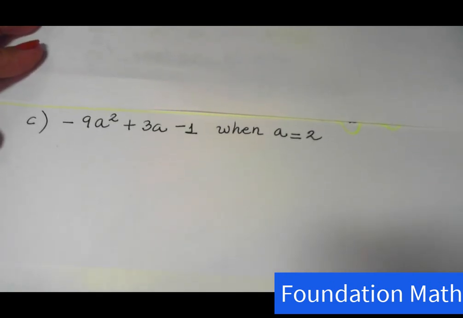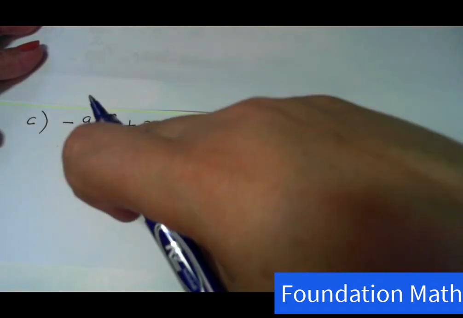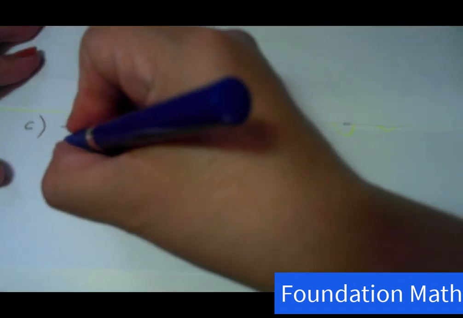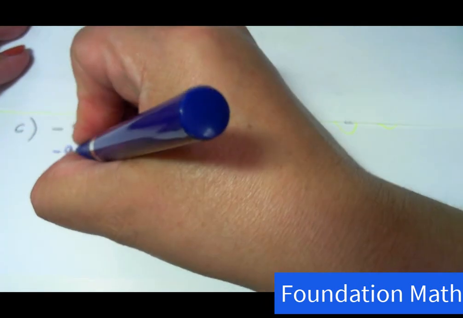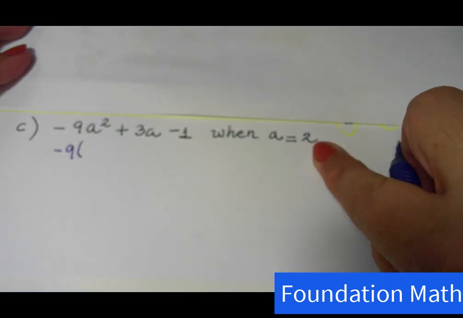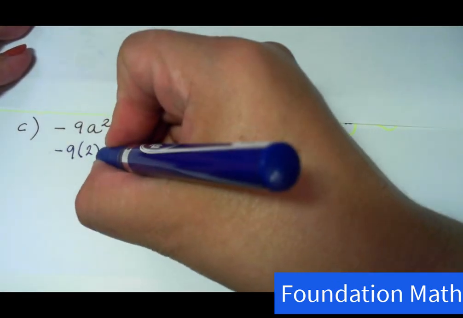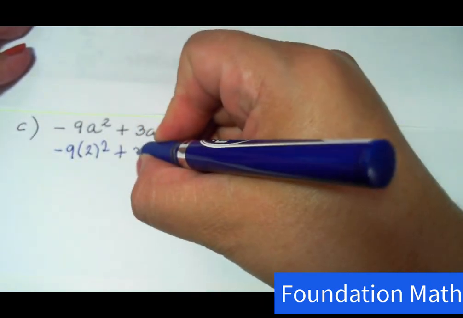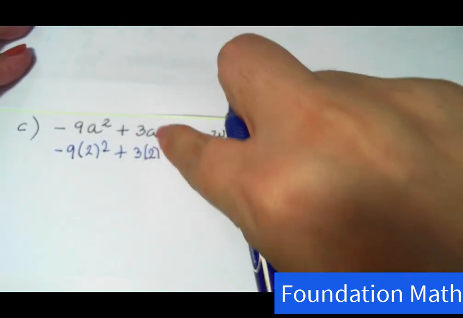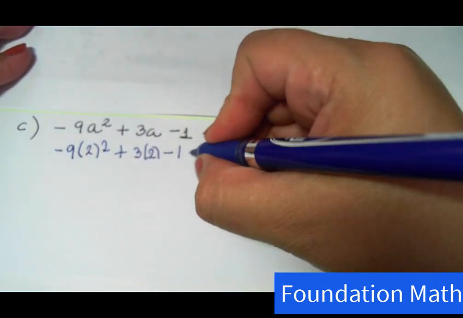We have that the value of a is 2, is equal to the number 2 here. We have to find this expression, so you're going to write down negative 9 times, the value of a is 2. It's very easy when it's positive. 2 squared plus 3 times 2, because the value of a is 2, minus 1.